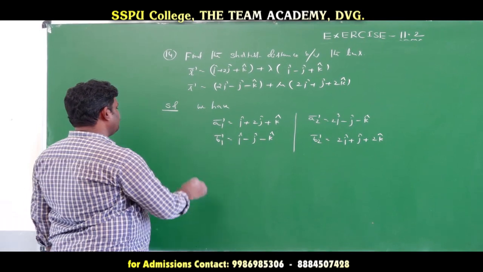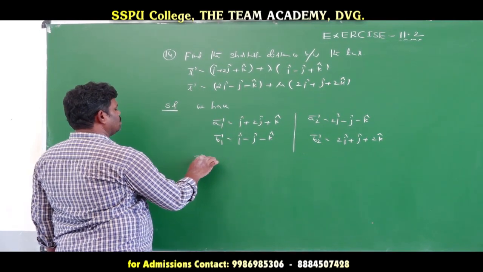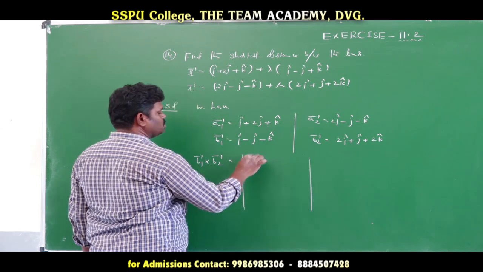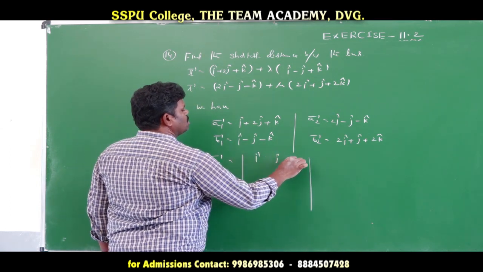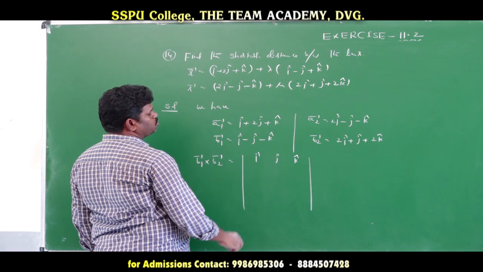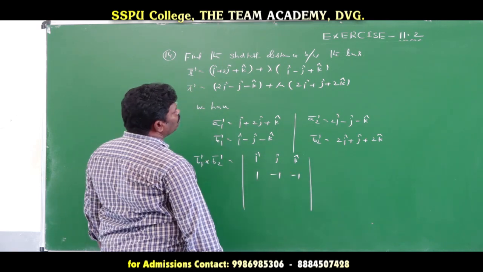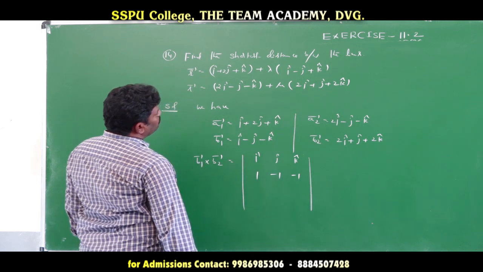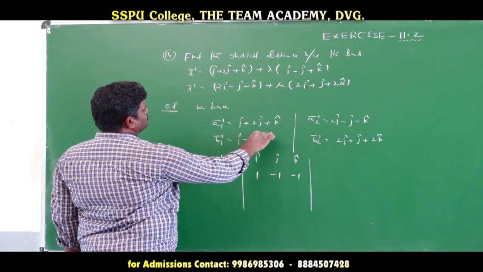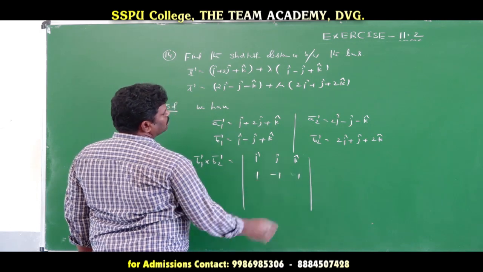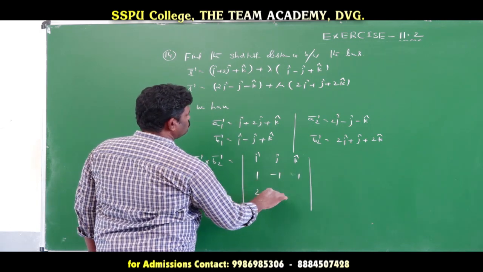First we find b1 bar cross b2 bar. Applying the determinant form: i cap, j cap, k cap; b1 bar is 1, minus 1, 1; b2 bar is 2, 1, 2.